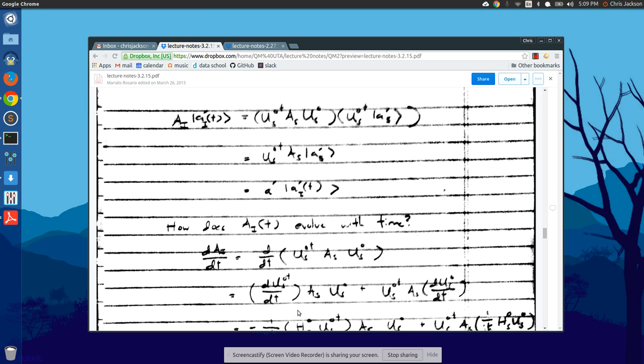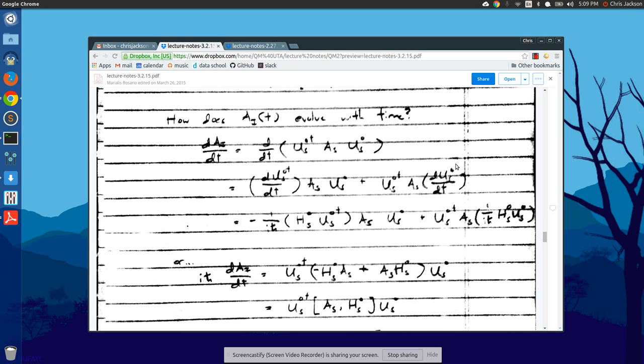So I can take this derivative, I get two terms, and now I can do what I did above, which is take these derivatives and replace them with basically the right-hand side of the Schrodinger equation, right? So the piece that's the Hamiltonian operating on this time evolution operator, and likewise for this term.